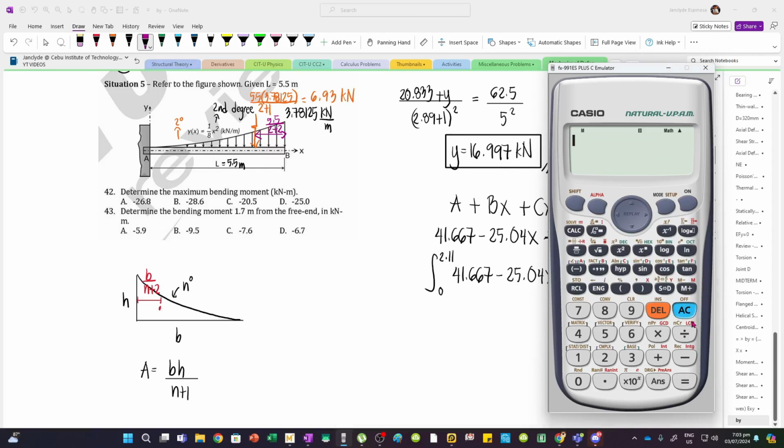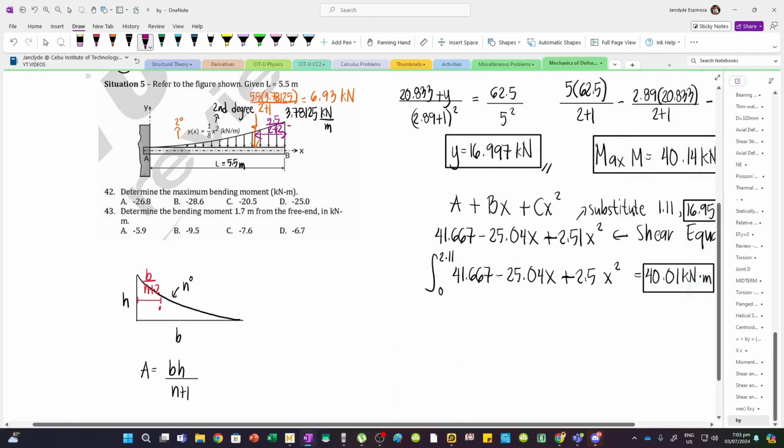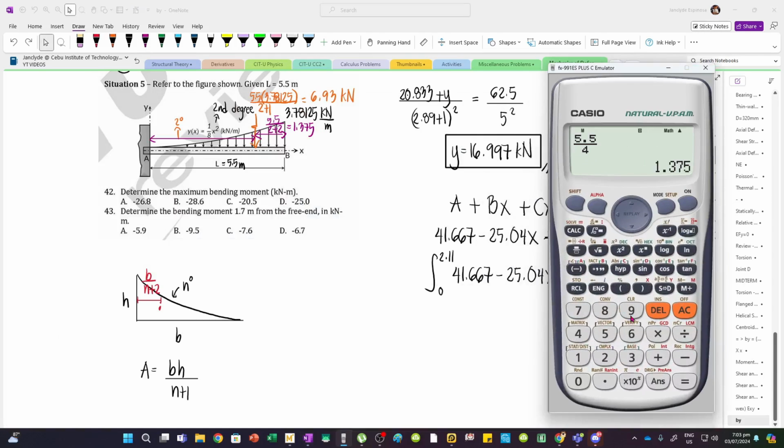So what is 5.5 over 4? We have 1.375. And so this distance is going to be 5.5 minus 1.375. So 5.5 minus the answer, we have 4.125.